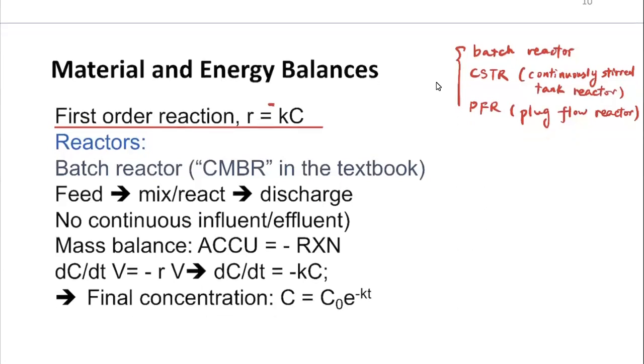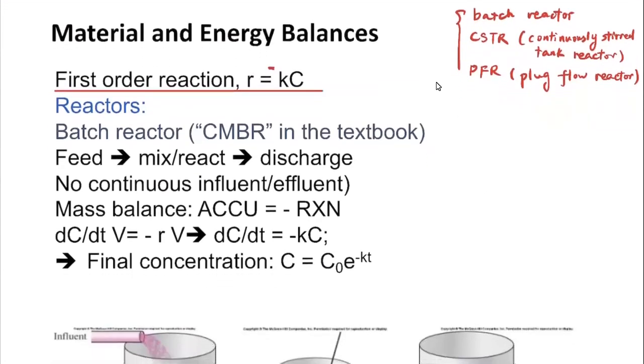So first is the batch reactor. In the textbook, it also has the name of CMBR. I think it's called continuously mixed batch reactor.